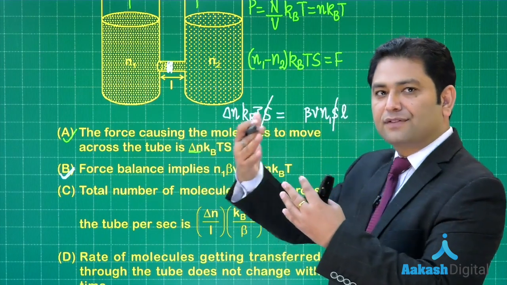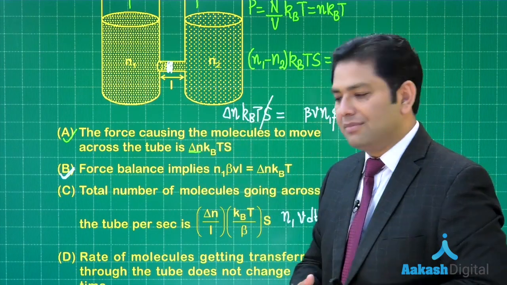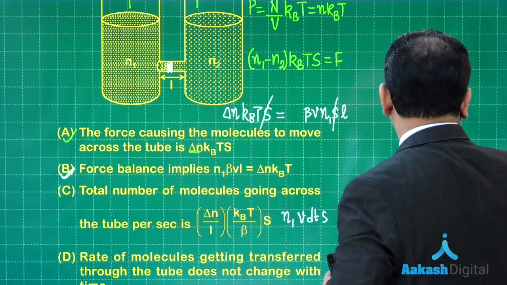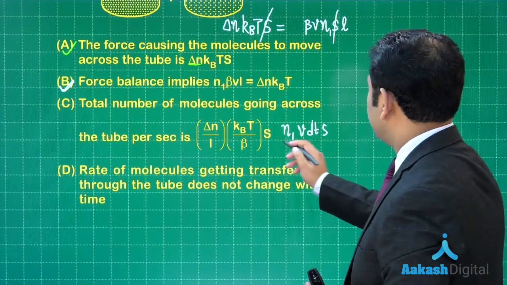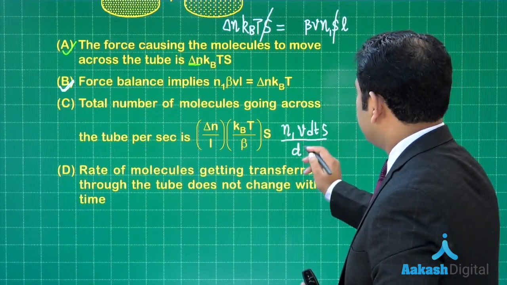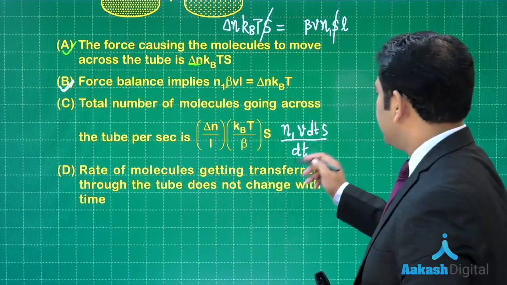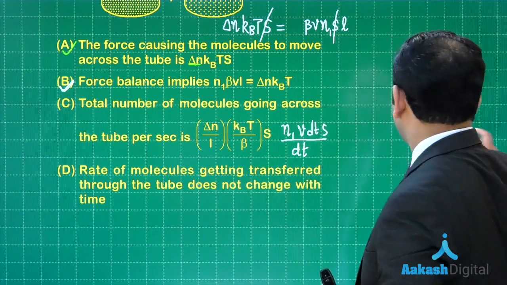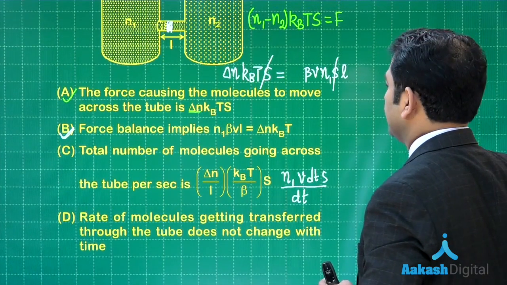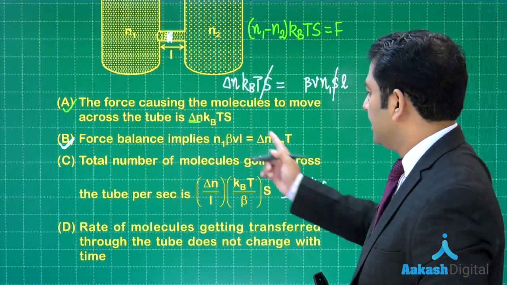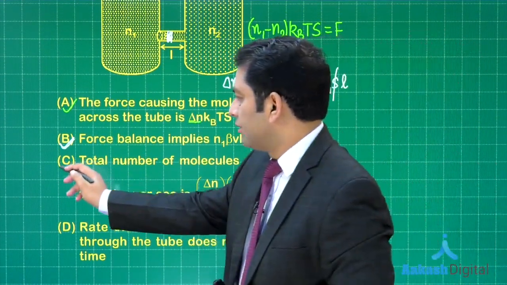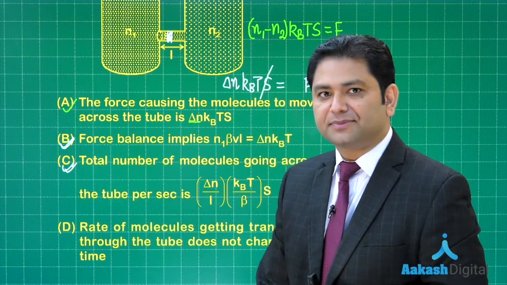So the passage of this per unit time is what option number C is desiring. So divided by dt is what option C wants. Now dt gets cancelled there, and the value of v we have already calculated for option number B. You put that and you would see option number C to be correct.